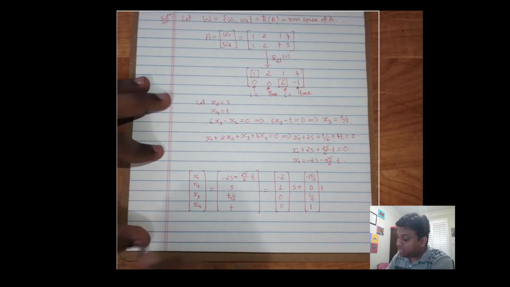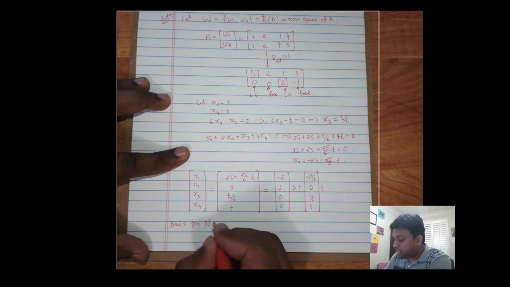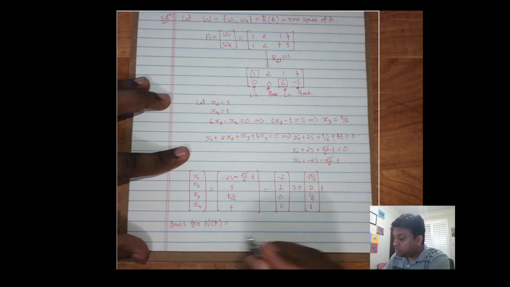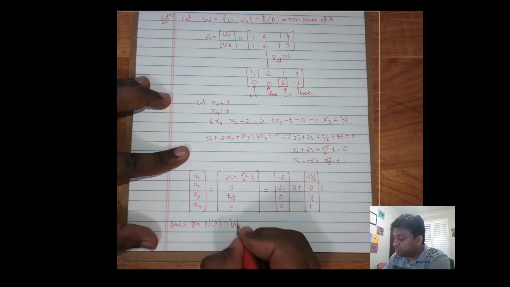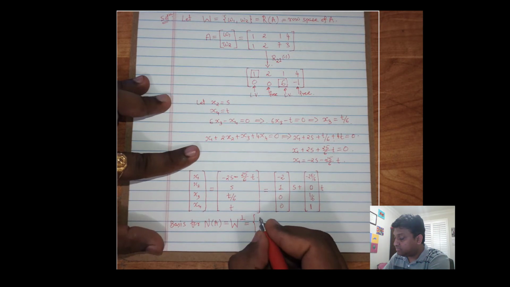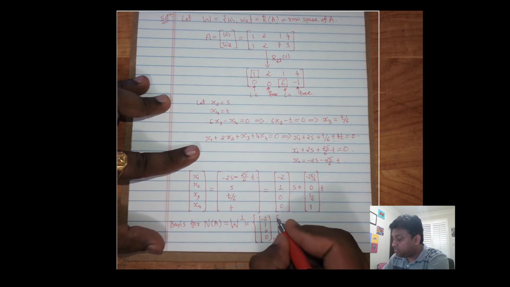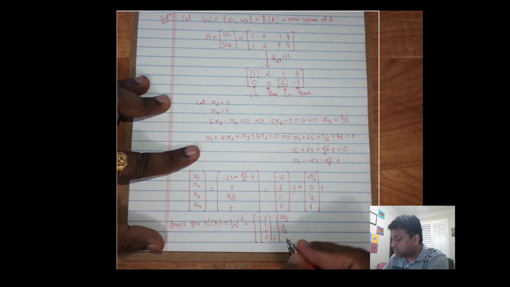Let's write them down. A basis for the null space of A, or a basis for the orthogonal complement, is going to be these two vectors: negative 2, 1, 0, 0 and negative 25 over 6, 0, 1 over 6, 1.